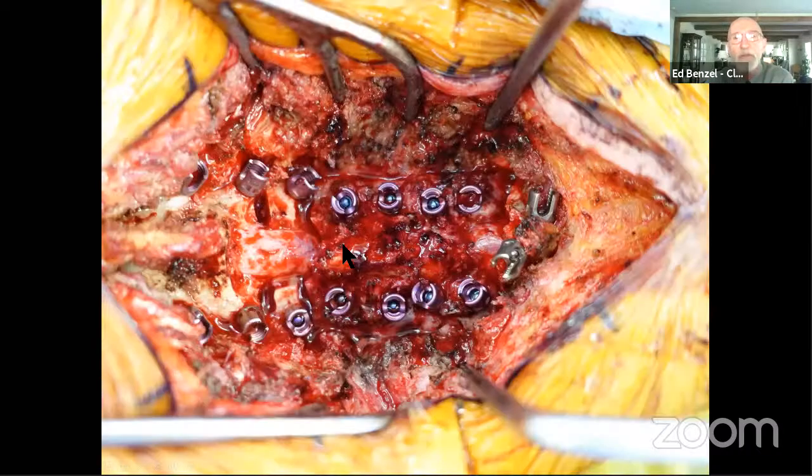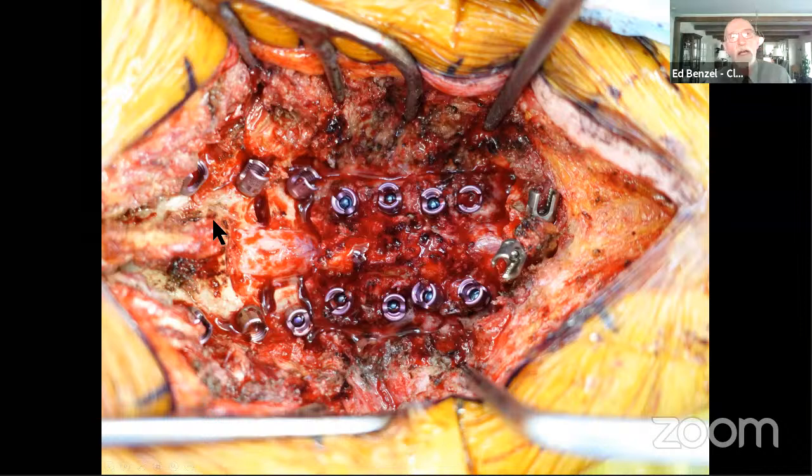So we did not attack the cervical fusion that she already had. We simply took out the old screws and put in new ones. But we did facet osteotomies at C6-7, C7-T1, T1-T2, T2-T3.